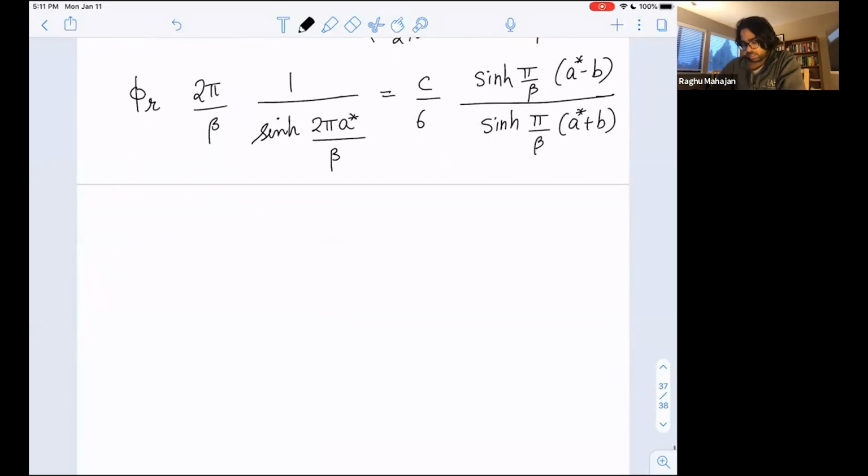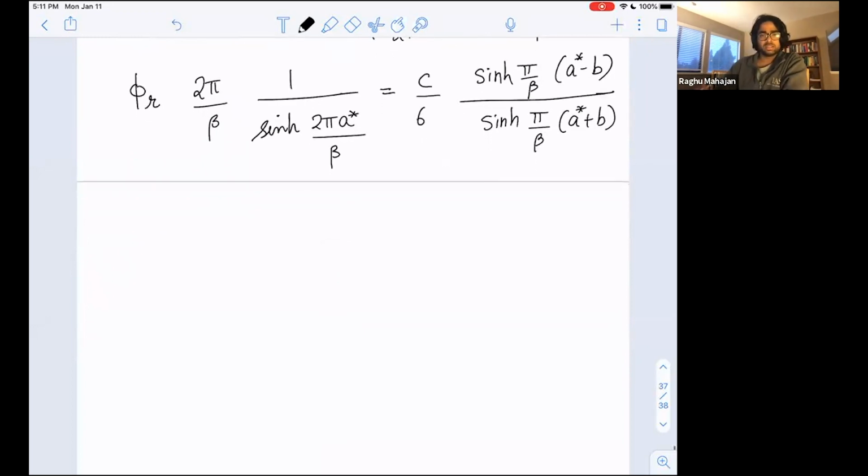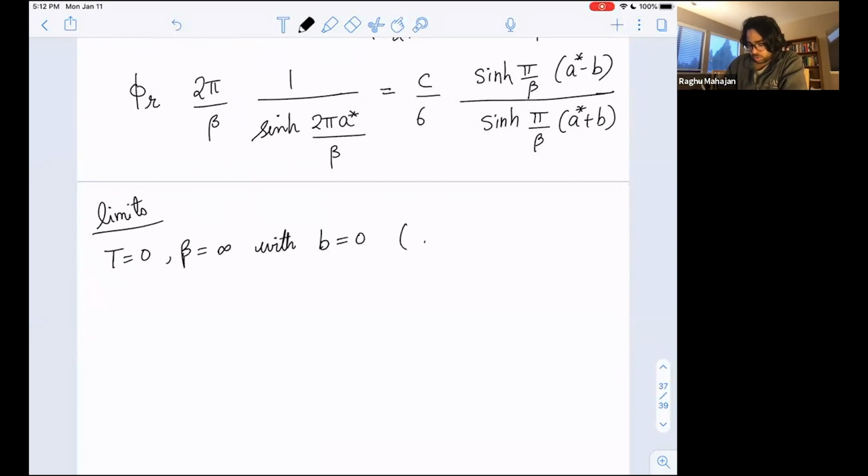So in order to analyze what the physical content is, let's try to understand some limits. The first limit we can take is temperature equals 0, which is the same as beta equals infinity, with B equals 0. It's just what we did in the first lecture.